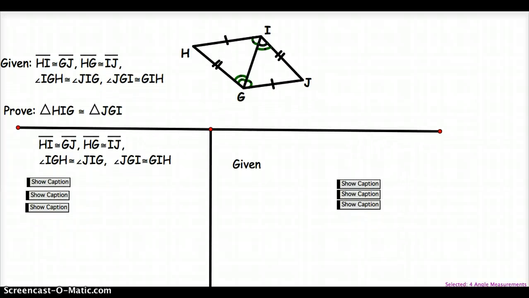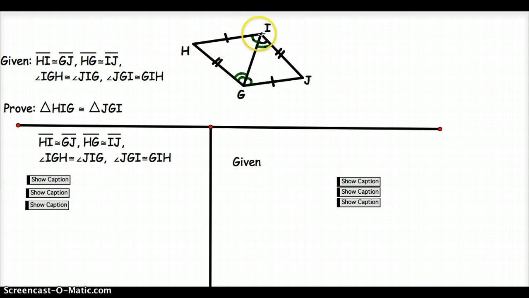Now we're given two triangles. What we want to do is prove that triangle HIG is congruent to triangle JGI. What we're given: HI is congruent to GJ. A little different spot, but again, the order should be the same. We're also given that HG is congruent to IJ.